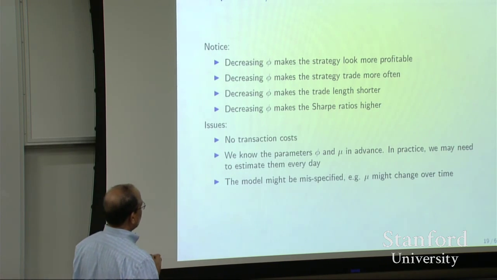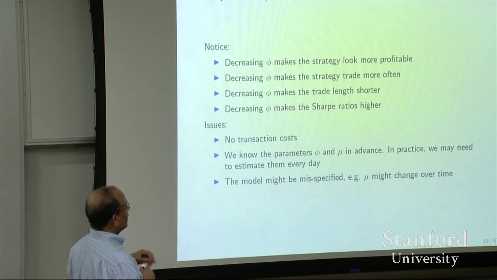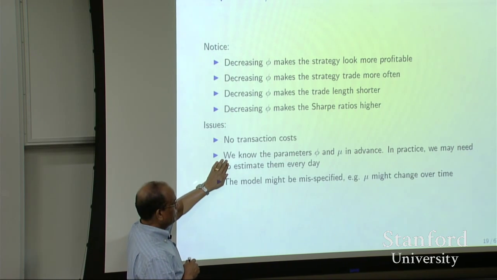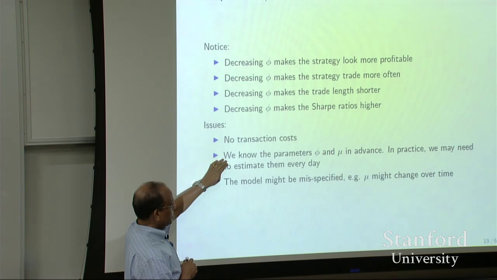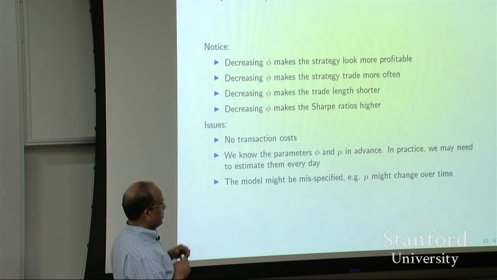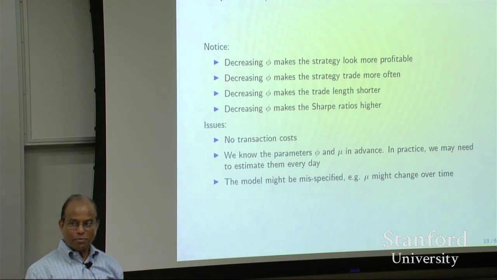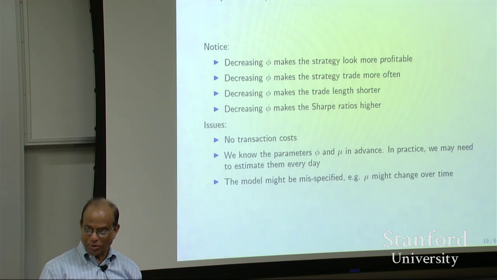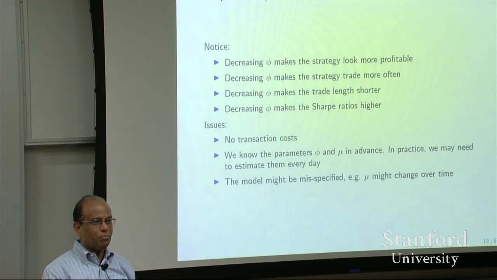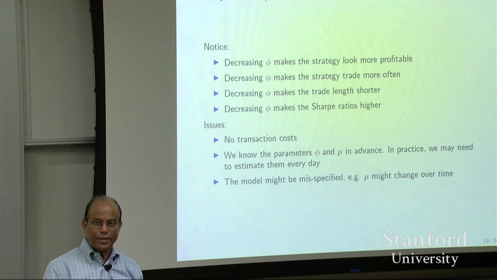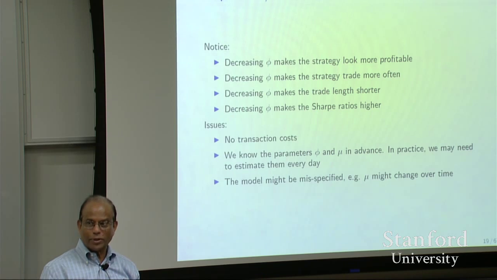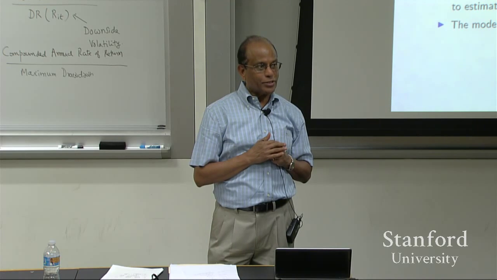In practice, we don't know the parameters pi and mu in advance, so you need to estimate them. The model might be misspecified because the mean itself might be changing over time because of the non-stationary process. Nevertheless, the main point of this exercise is that studying the stickiness of the price is a very important factor that goes into the decision here.